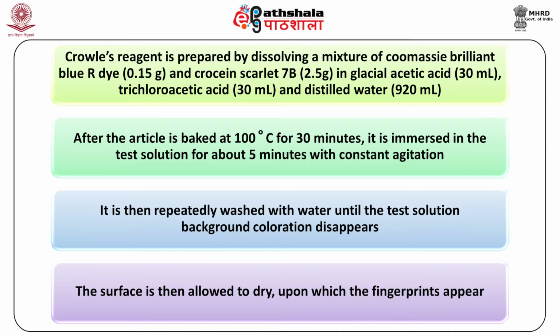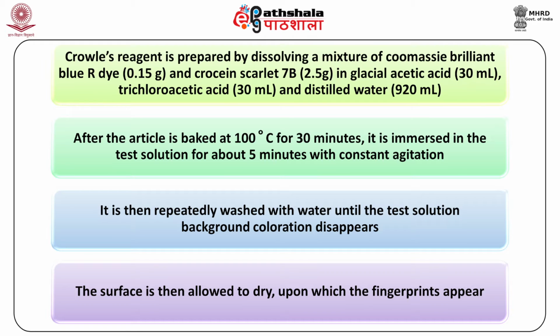Another reagent is Crowell's reagent. Crowell's reagent is prepared by dissolving a mixture of Coomassie brilliant blue R dye and Crocein scarlet in glacial acetic acid, trichloroacetic acid, and distilled water.